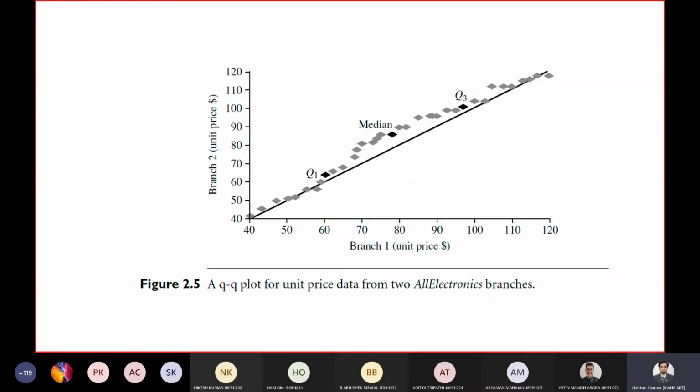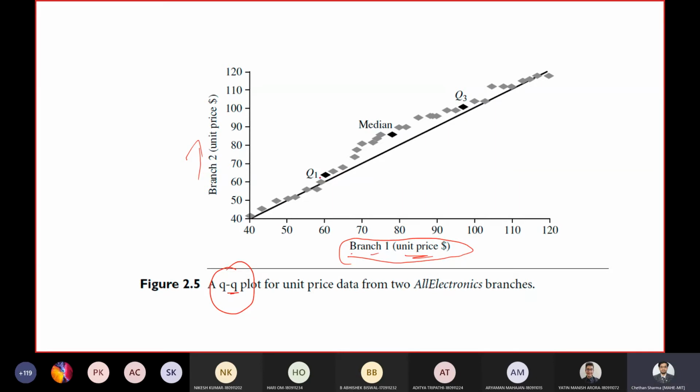This particular example or figure gives you a QQ plot. Considering random data, one axis gives you the unit price for branch 1, and the other axis gives the unit price for branch 2. When you plot one against the other, you will be getting a particular graph, which is the QQ plot.